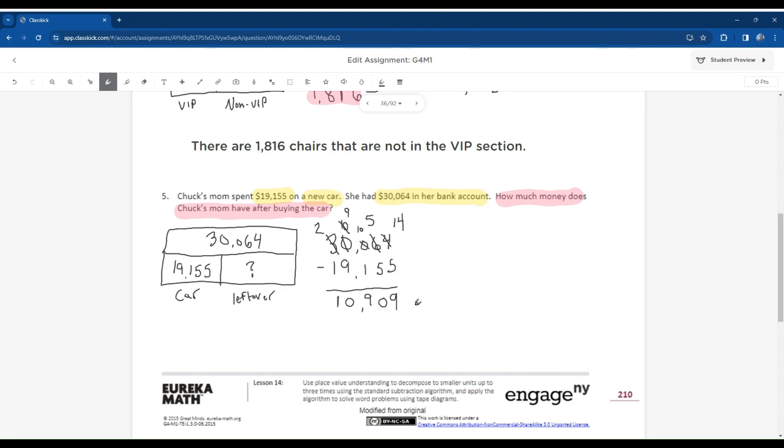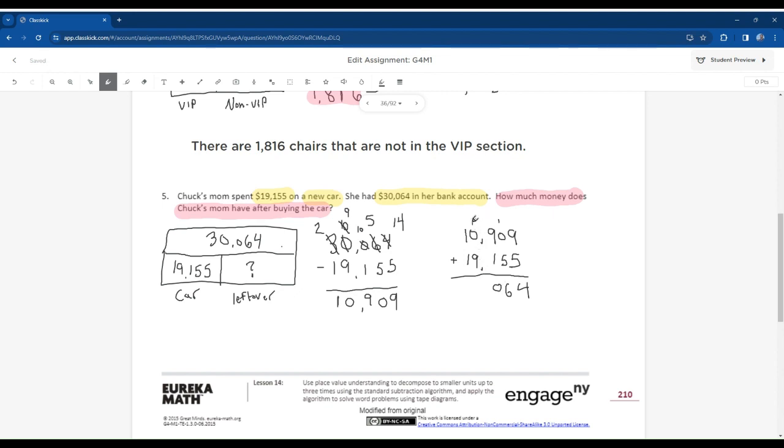We'll check our work using addition. So we'll take the amount that she should have left over, $10,909, plus the price of the new car, and that should give us the amount of money that she had before she bought the car. 9 plus 5, 14. 1 plus 0 plus 5 is 6. 9 plus 1 is 10.